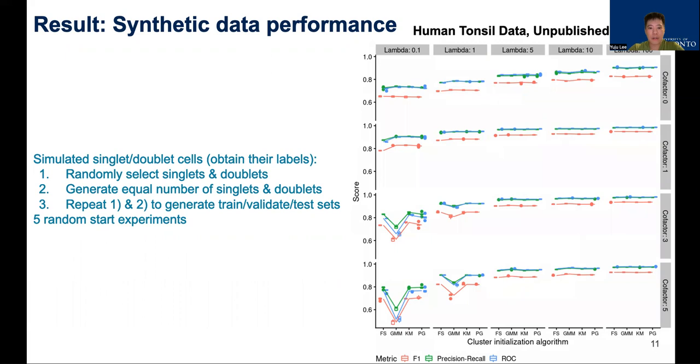And the figure on the right is the result from the validation set. We output the F1 score shown in orange box plot, and area under ROC and precision-recall curves shown in blue and green box plots. Overall, the score seems to stabilize at lambda equals 5 with F1 score close to 90%.